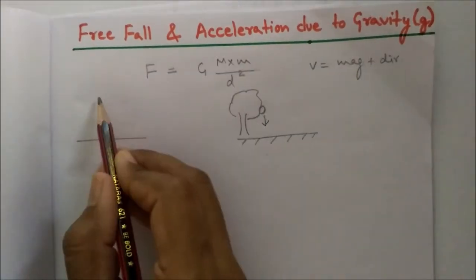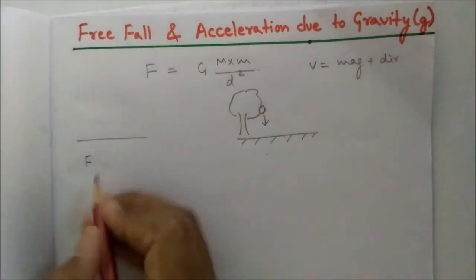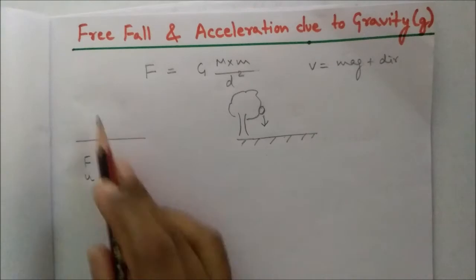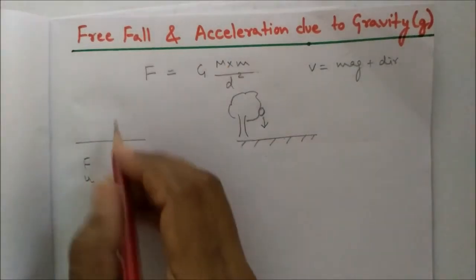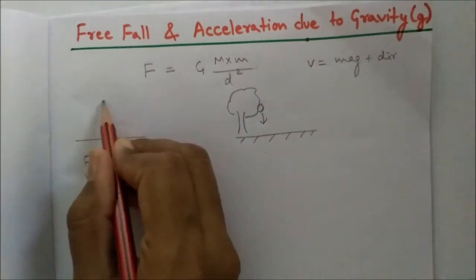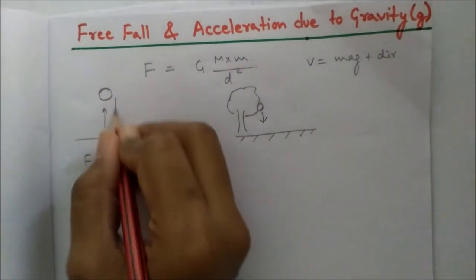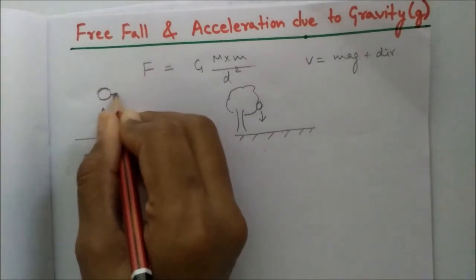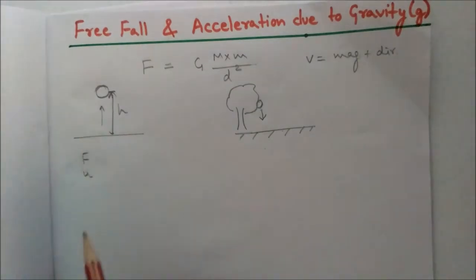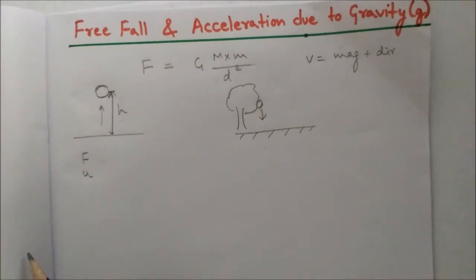When you throw a ball upward, you throw with a certain force F and with a certain velocity U. After reaching a certain height, which I'm calling h, the ball stops moving further upward and starts moving in the downward direction, isn't it?